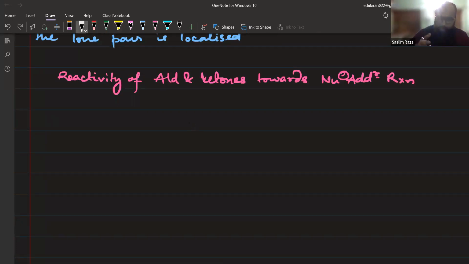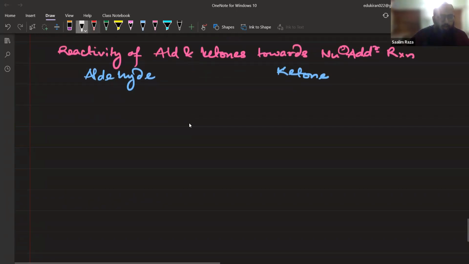Aldehyde, I will compare aldehyde and ketones. So first of all, we'll take aldehyde. हमने लिया aldehyde और हमने लिया कीटोन. Easy. The structure of aldehyde is you will have R, any alkyl group connected to carbon double bond O, and then connected to hydrogen.